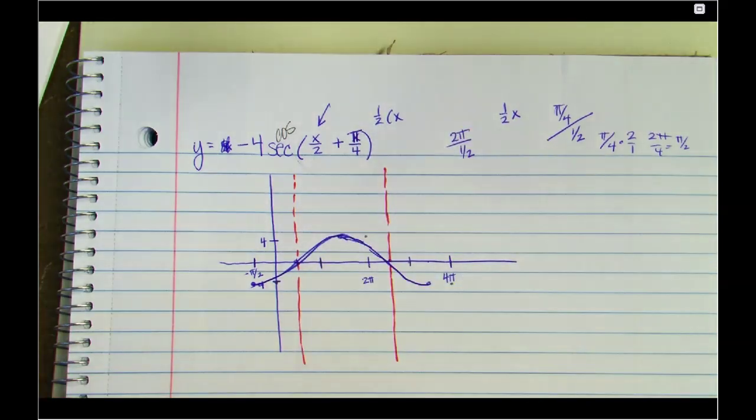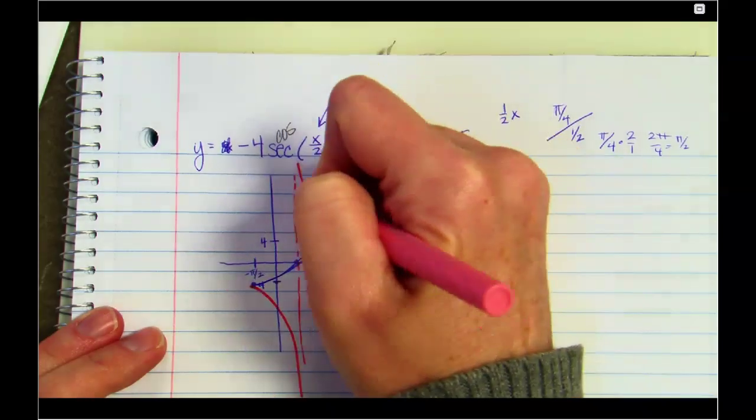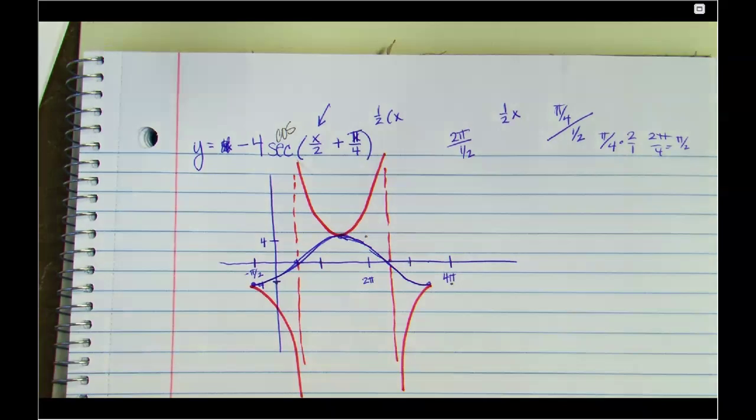There we go. So it's not the end of the world if you accidentally put your cosine in there. Just try to put it in a dotted line. There's a lot going on in this graph.